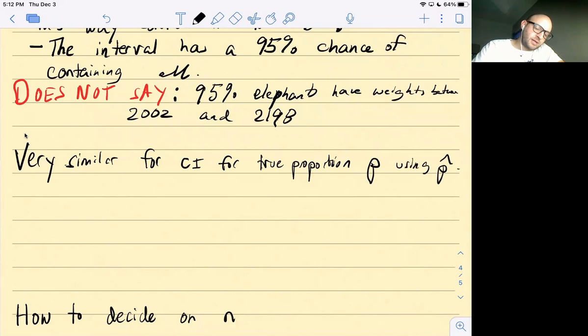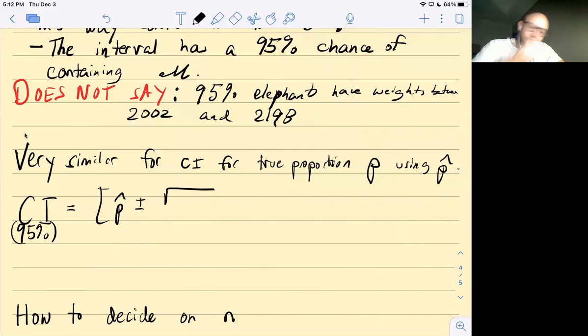The 95% confidence interval would be equal to p hat plus or minus, and this is where I'm going to do something a little bit different.